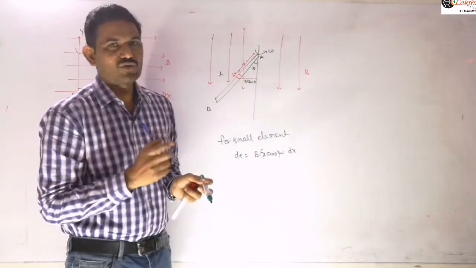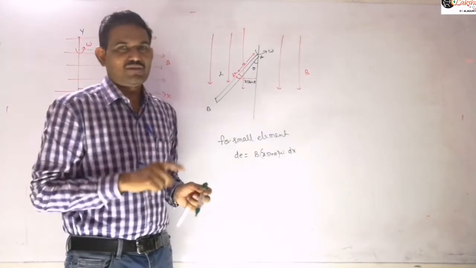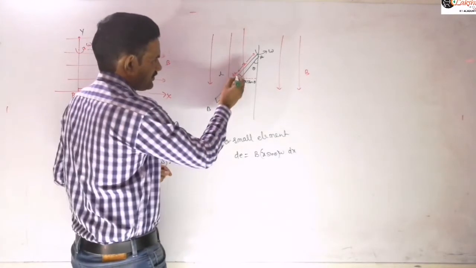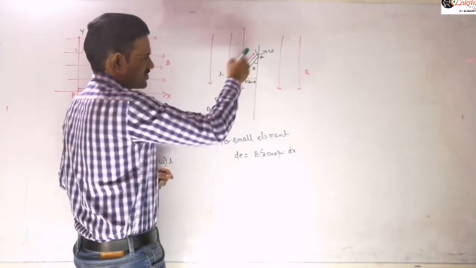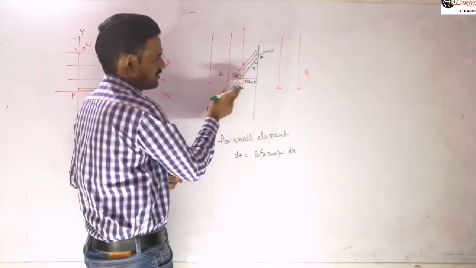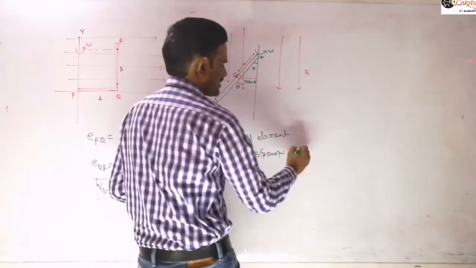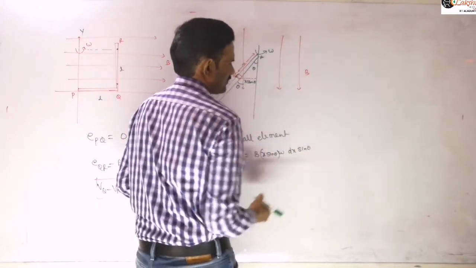But now you need to observe the angle between the length element dl and the magnetic field. We are taking dx along this direction and the magnetic field is along this direction, so there exists some angle theta between dx and the magnetic field. So we need to take dx sine theta. Is it clear?